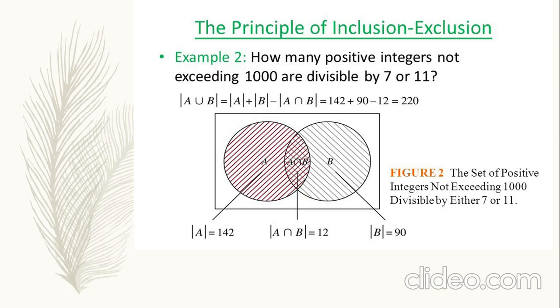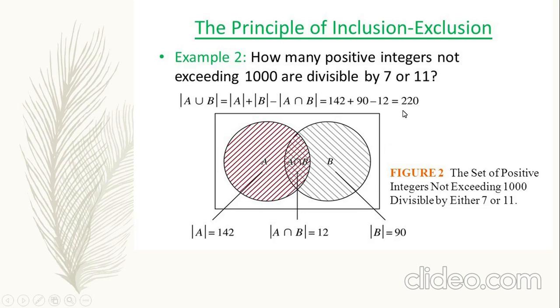Okay. And then, you take the result of the division, you take the numbers that generated a whole number as an answer. And then, enumerate all of those answers that have a whole number. Okay? So that you can determine how many positive integers can be divided by 7 and can be divided by 11.